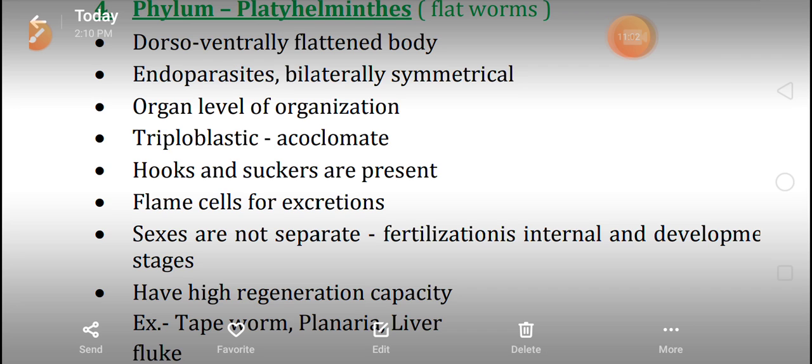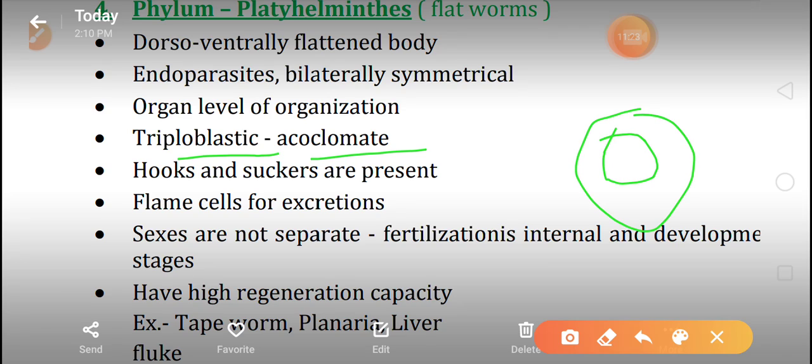So they are triploblastic, and they are also acoelomate. Coelom is the space or cavity found in the mesoderm. Where a true coelom is present, the organism is a coelomate.